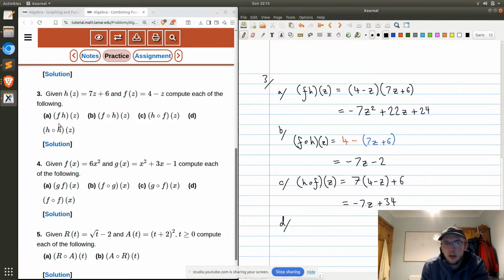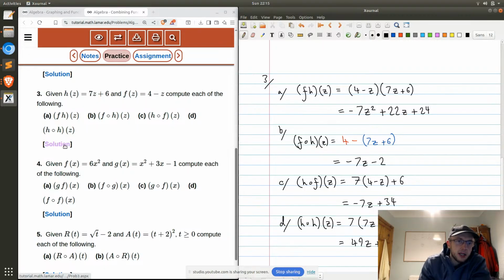And finally, h of h of z. So we pick up h and we put it into itself. Seven, open brackets, 7z plus 6, close brackets, plus 6. Compute: 49z plus 42 plus 6, so plus 48.